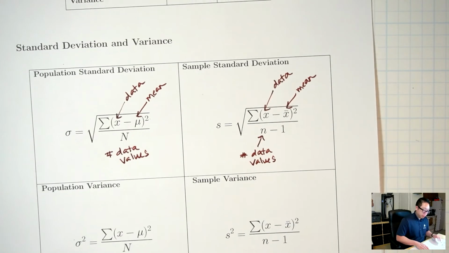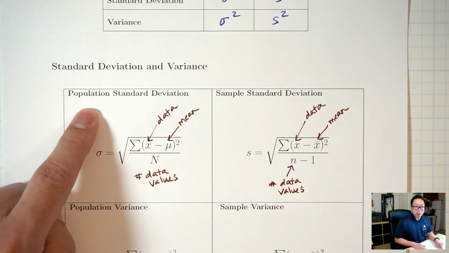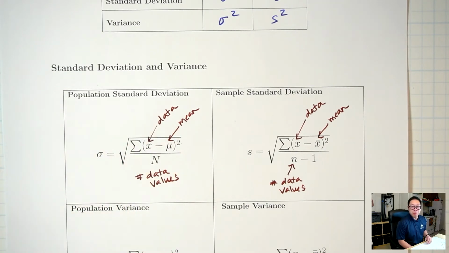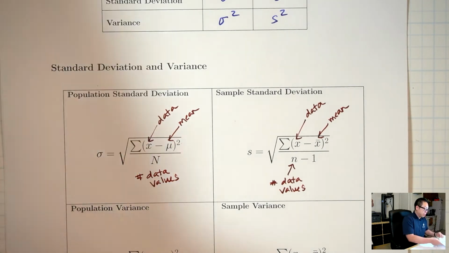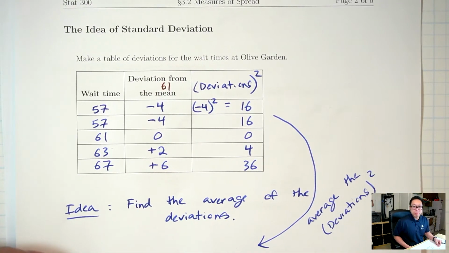So most of the time, we're not going to calculate the population standard deviation because most of the time, we don't have data from the entire population, which means most of the time, you're not going to be doing what we did on the previous page.